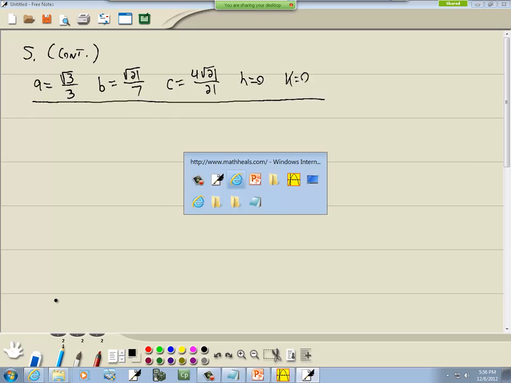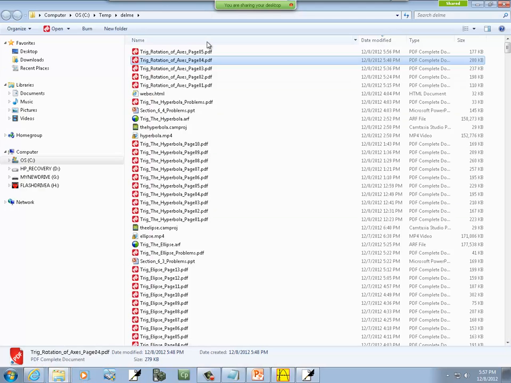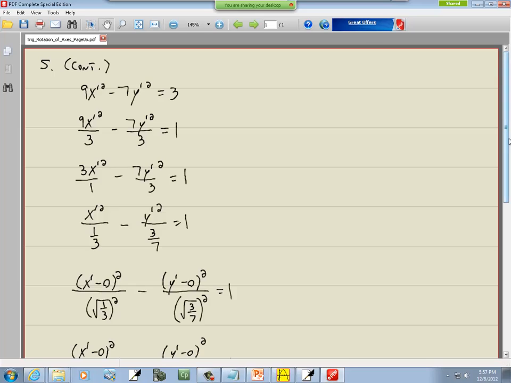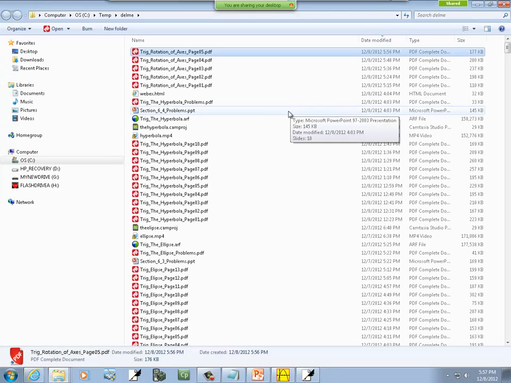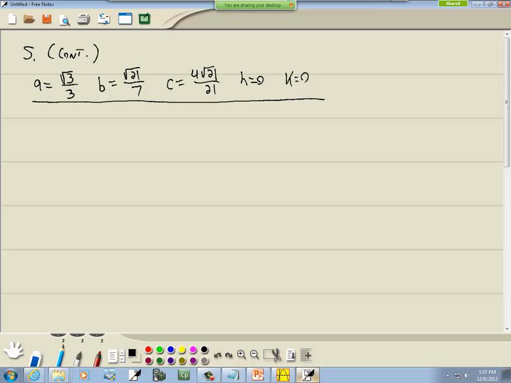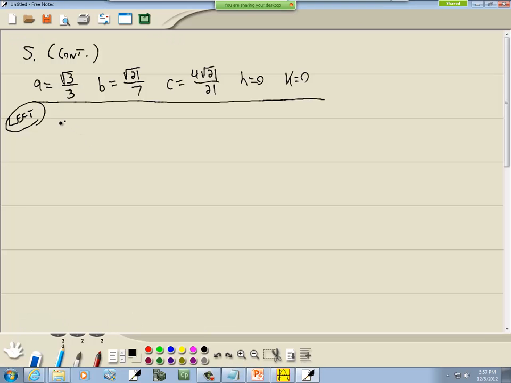And let's look at our formula on the left. We got center, which is HK. So that'd be 0, 0.